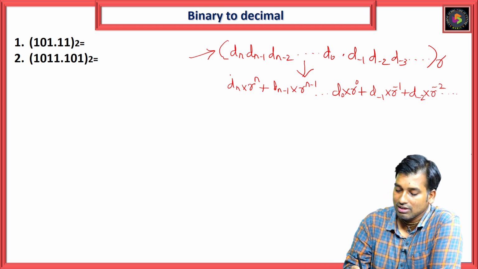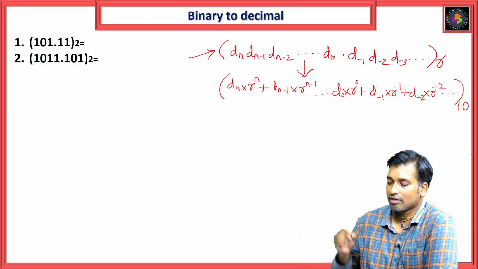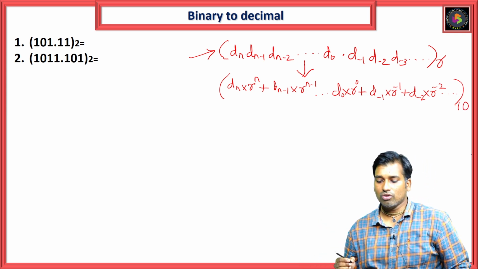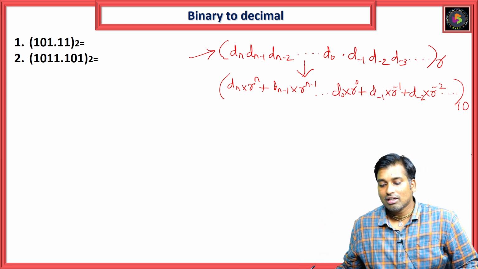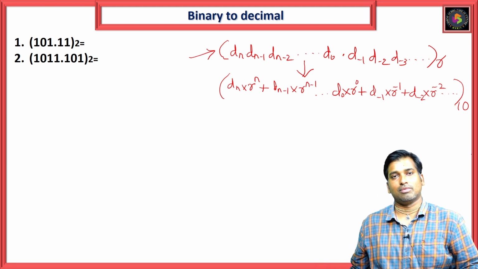If we do this, it will get converted into base 10. This is how we convert any number system of base r to a decimal number system.